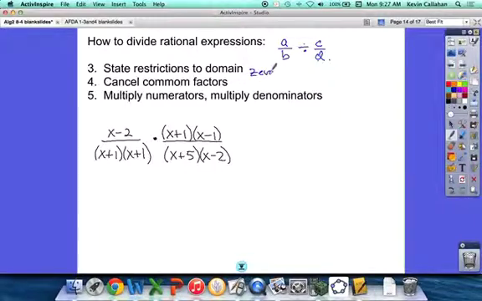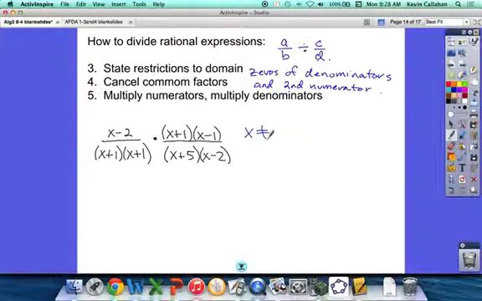So the restrictions are zeros of denominators and I'm just going to say the second numerator. Okay, well, what are they? X does not equal. We go to the denominators first.